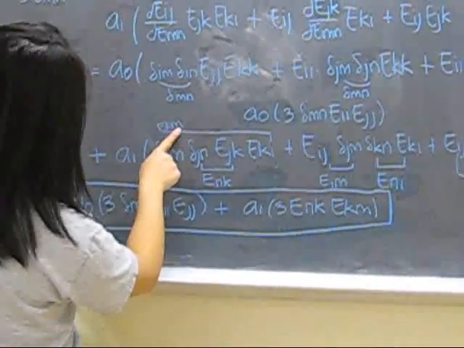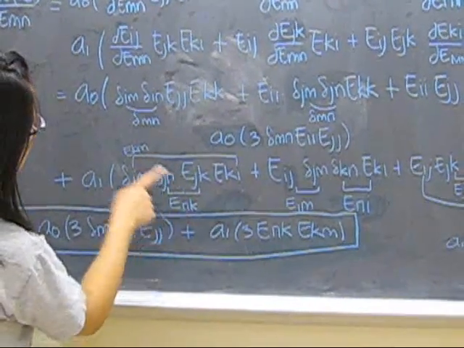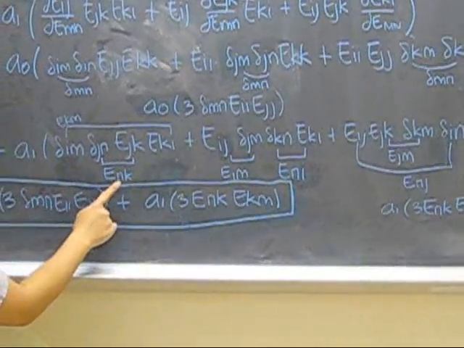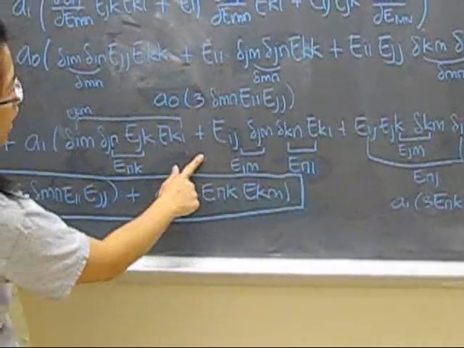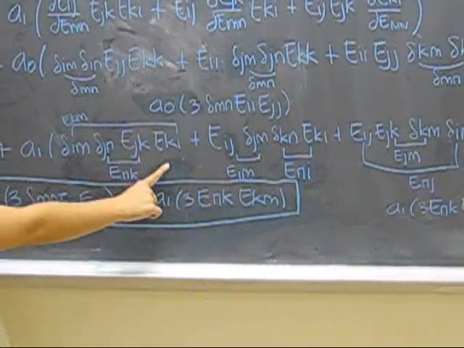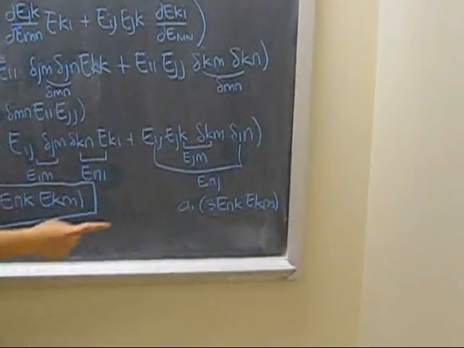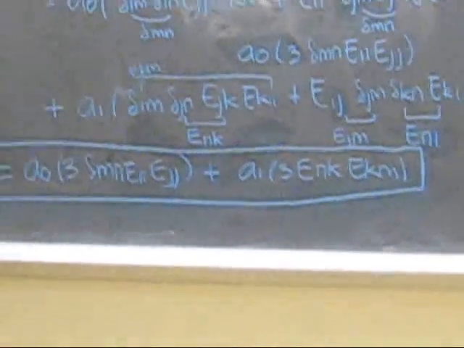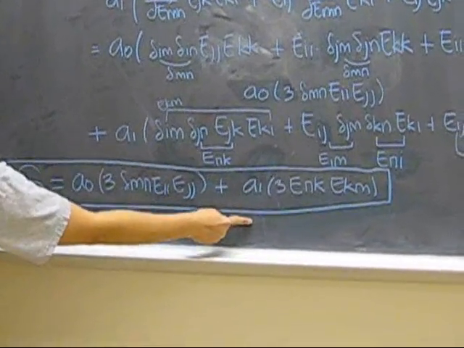Since M is the row and N is the column, M goes here, and the rows and columns stay in the same position as in the beginning. So everything here is the same, and we can sum all of them into A1 times 3 times E_NK, E_KM. So the final answer for the stress tensor is the sum of the first term and the second term, which is this.